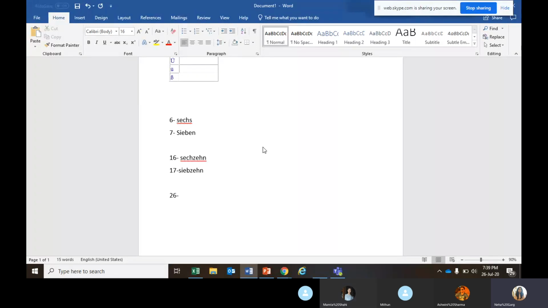Whenever we have und, remember it like this: once you are using und in between, you would be using complete sechs and sieben. Once there is no und in between, you would be using sech and sieb. Like in sechzehn, there is no und in between, so this extra S would be removed. Similarly, with 17, there is no und in between, so this extra EN would be removed, right?